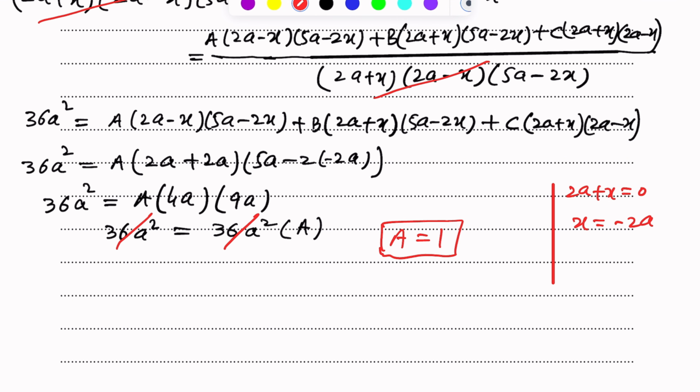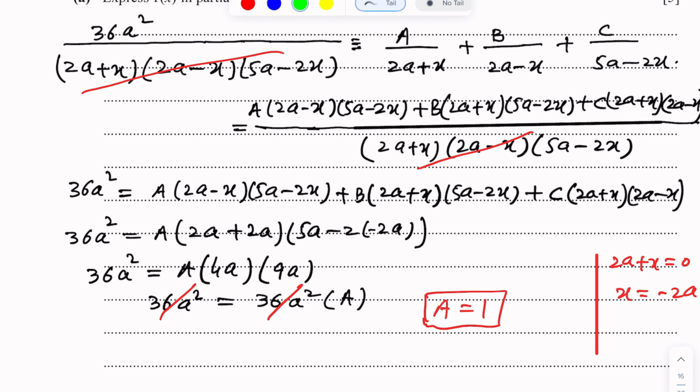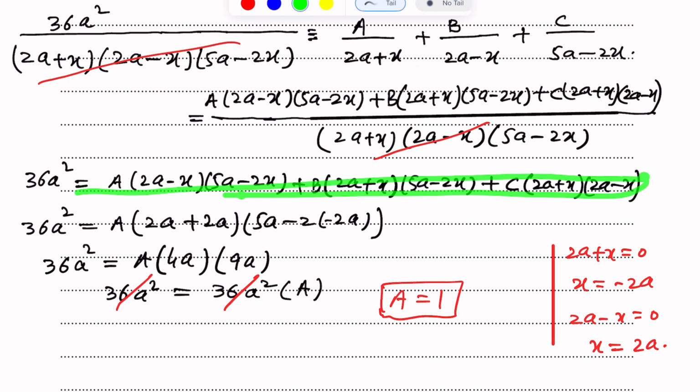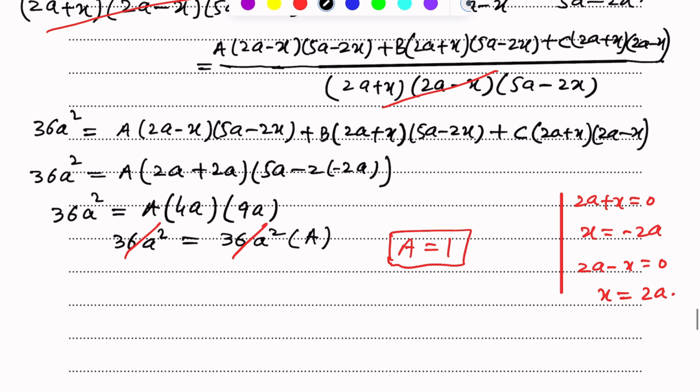Similarly, we will put the other factor, that is 2a minus x is equal to 0, so x is equal to 2a. In the same equation we now put x equal to 2a. The first term can't stay because 2a minus x is equal to 0, so this term becomes 0.